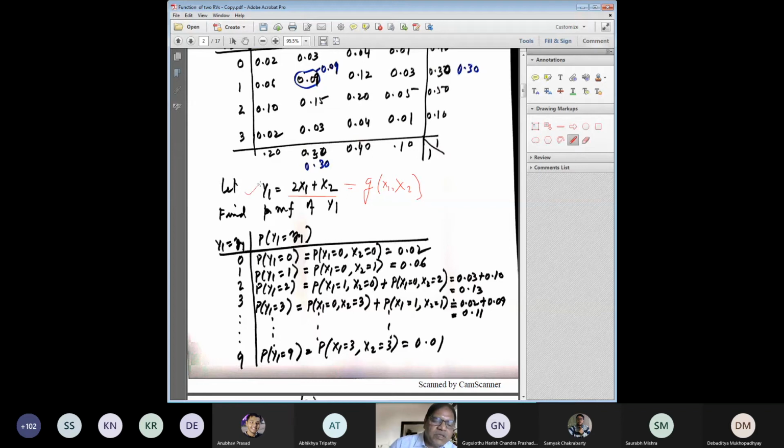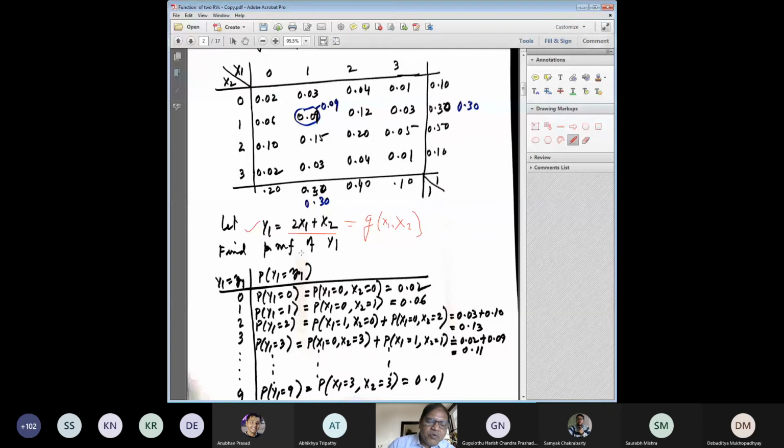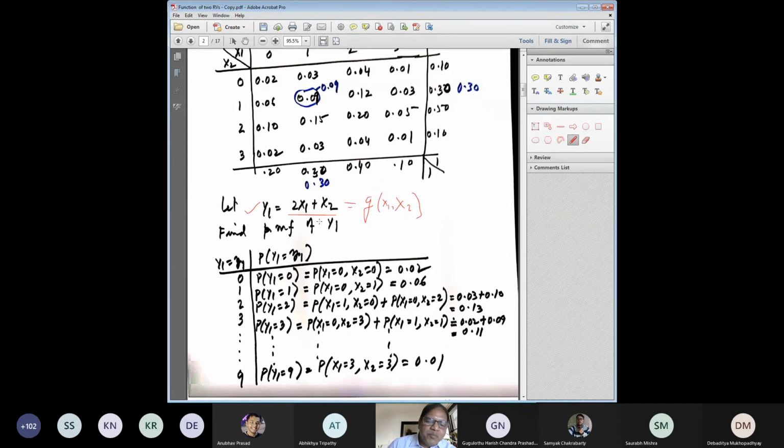So first thing is that with the values the random variables x1 and x2 take, x1 takes 0 1 2 3, x2 takes 0 1 2 3, we can compute the values taken by the random variable y1. So x1 0, x2 0, it is 0.